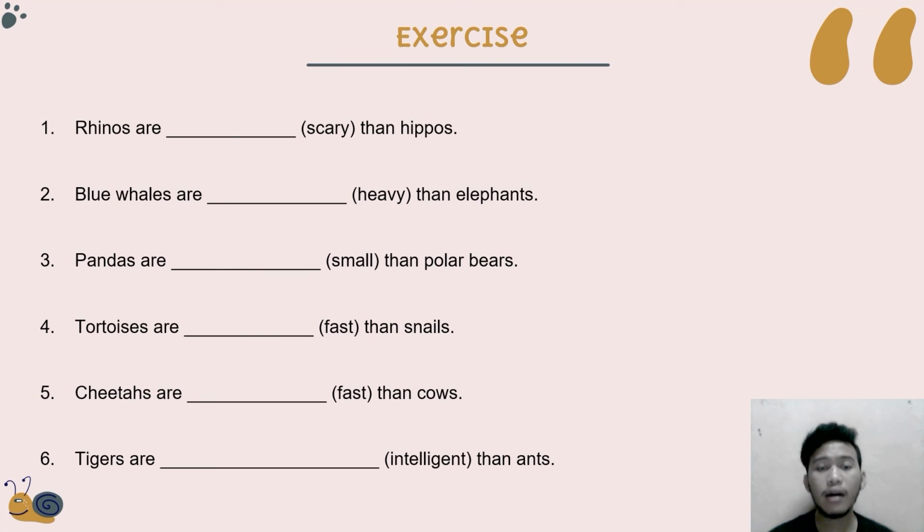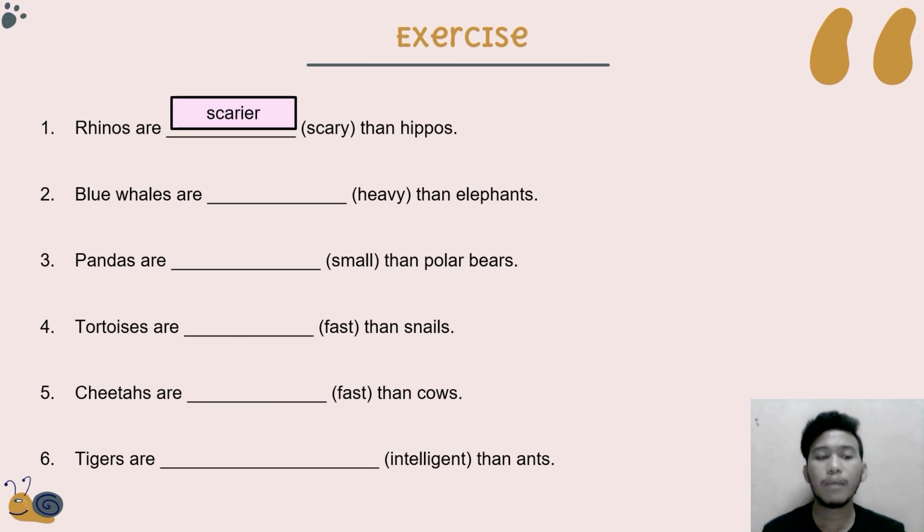Rhinos are scary than hippos. So for scary, it will be scarier. Okay, then number 2, blue whales are heavy than elephants. If heavy, we need to use heavier. Blue whales are heavier than elephants.